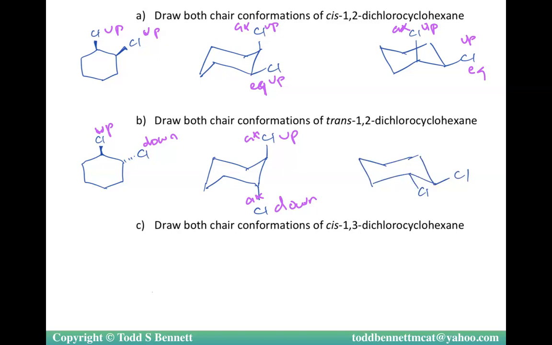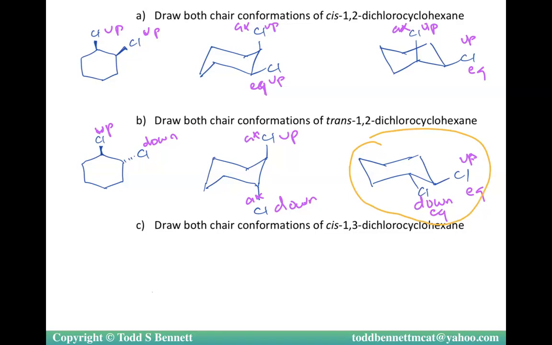Now, for this one, this is still up, but it just became equatorial, where it used to be axial up. This is down and axial. It's still down, but it's now equatorial down. So this is a case where that is your more favorable species, just like it was before. That's the favored conformational isomer.